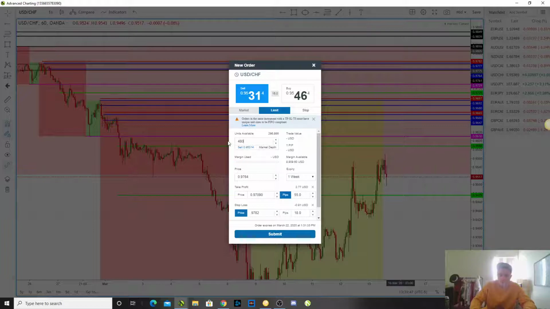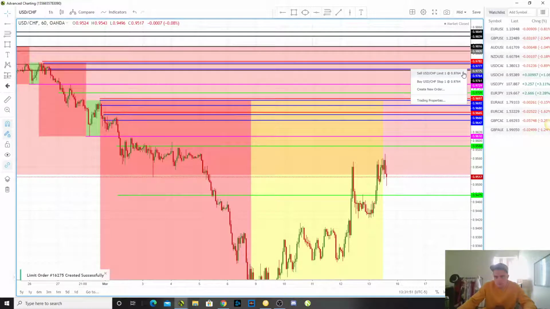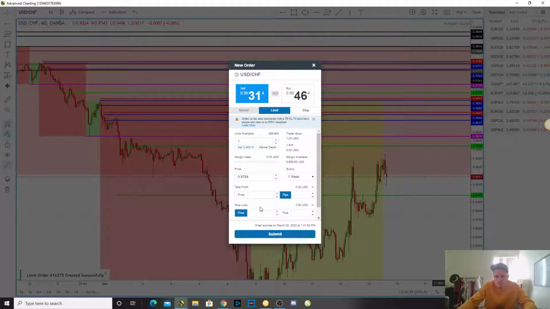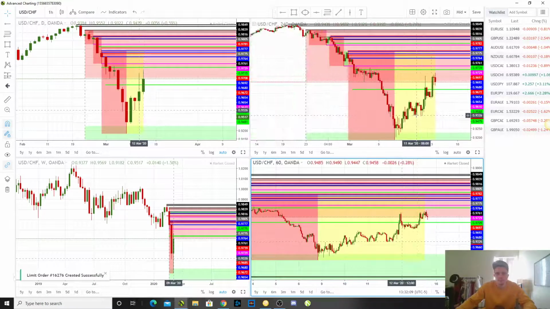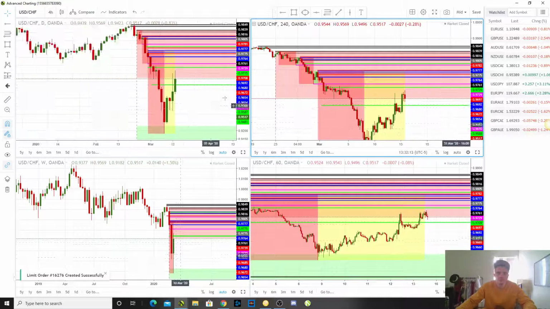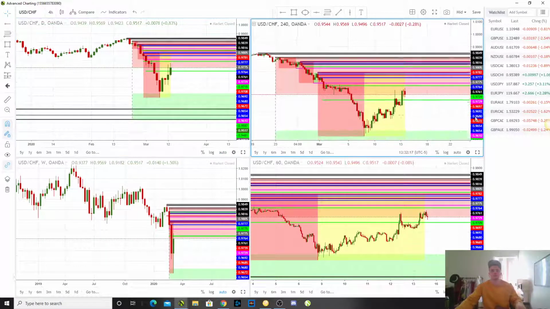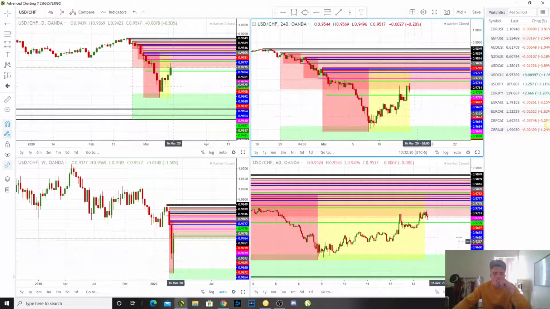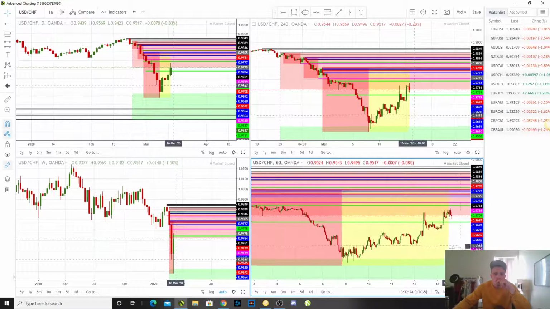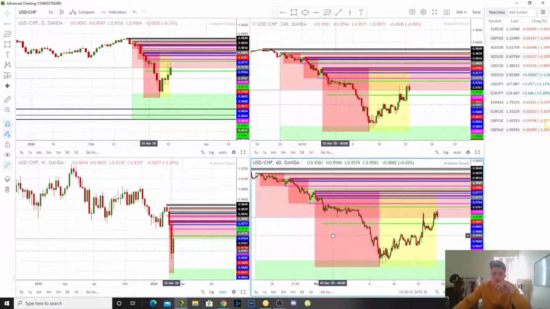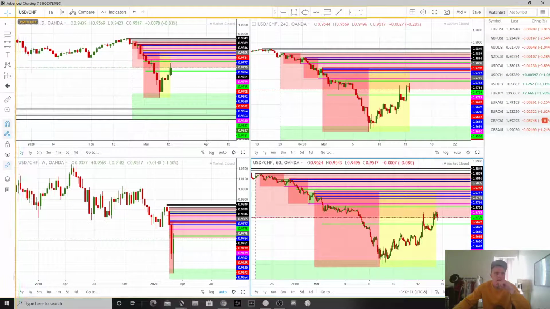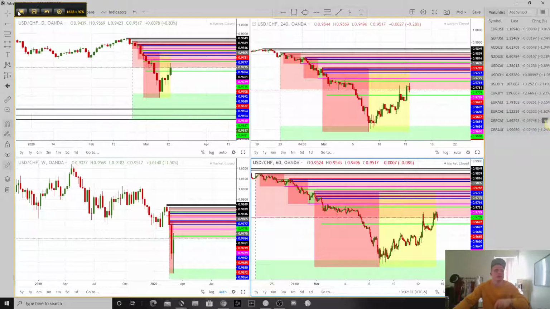And 48 and 5. And here we go. Alright, so it's going to be kind of messy, but that's okay. On a 60-minute chart, it's going to be really hard to read that.